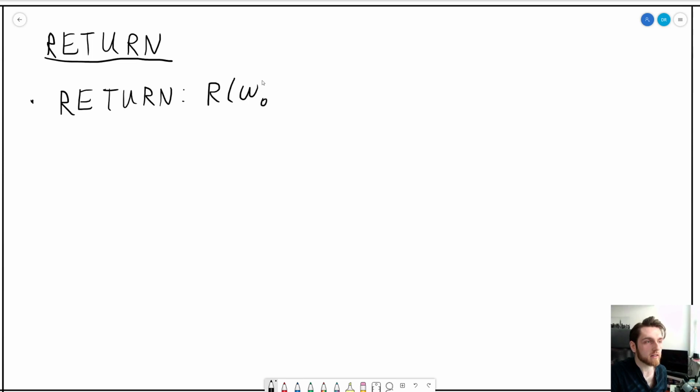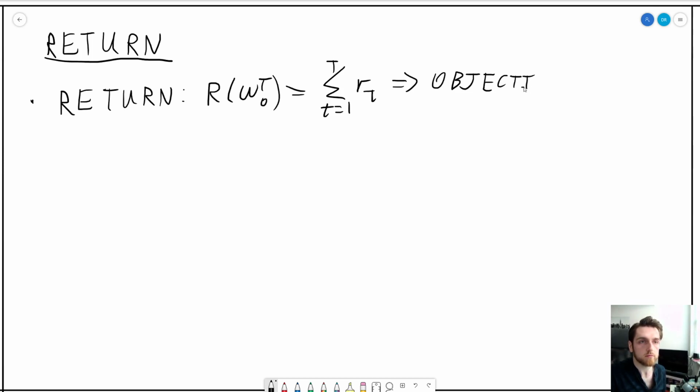The R of omega 0 to T is just the sum over t equals 1 to T of R_t. And then the objective is simply to maximize the average value of this return over the possible policy.